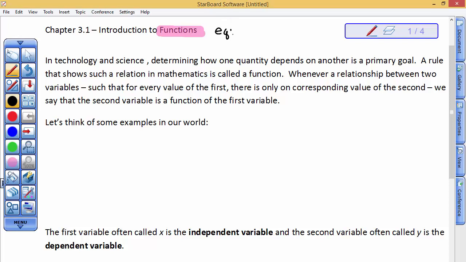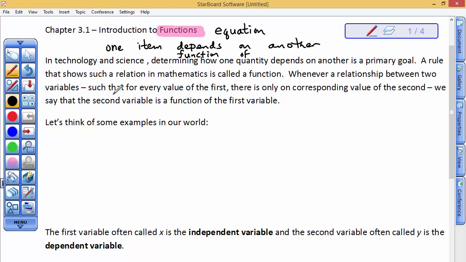It's an equation where one item depends on another, or one item is a function of another item. In technology and science, this idea is very, very important, and we determine how one quantity depends on another. That's our primary goal.